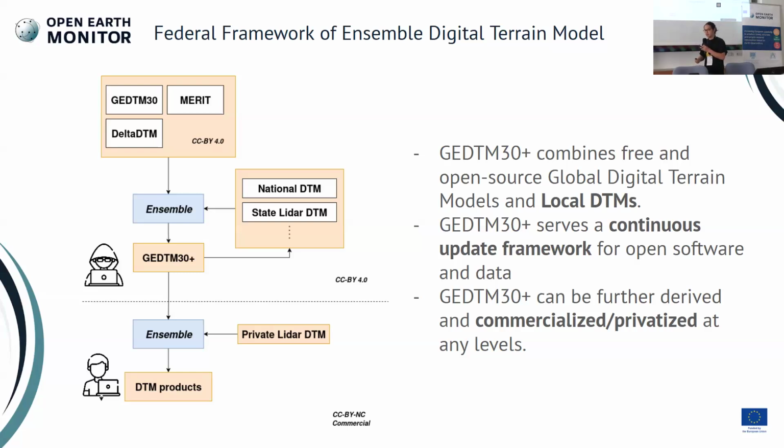And also an interesting thing is that this project can also create DTM products with a non-open license. So you can alter the license if you merge with your private LiDAR DTM and you want to make it a commercial product. You can just simply take this GDTM 30 and create a commercial product out of that and sell this for people who need that.